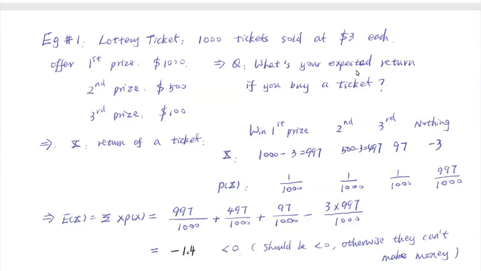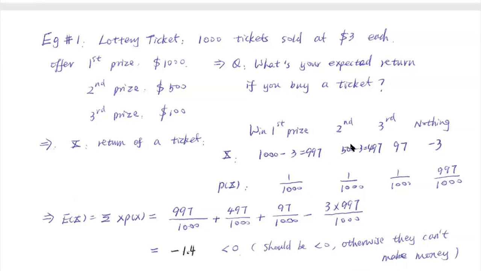So how do we solve that? Let's use capital X to talk about the return. Remember, we care about the return. So X is the return of the ticket, depending on the different outcomes. If you win the first prize, what's your return on buying that ticket? You win $1,000 and you pay $3, so your return is $997.